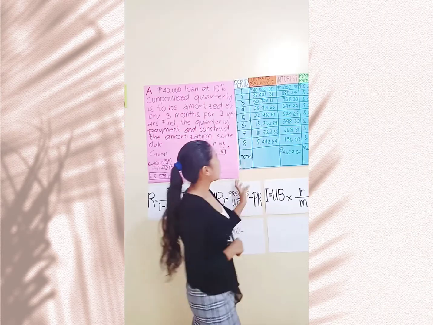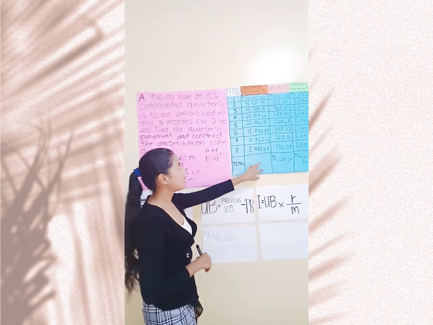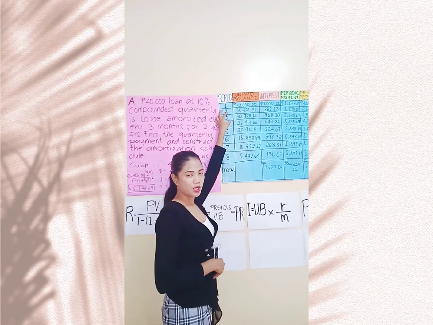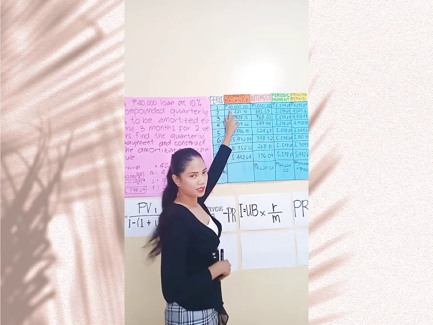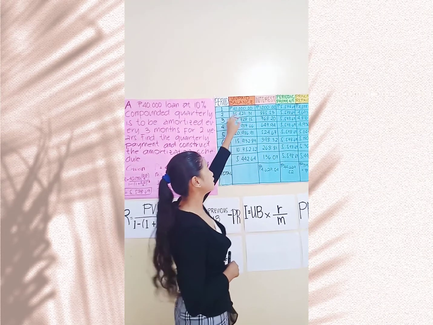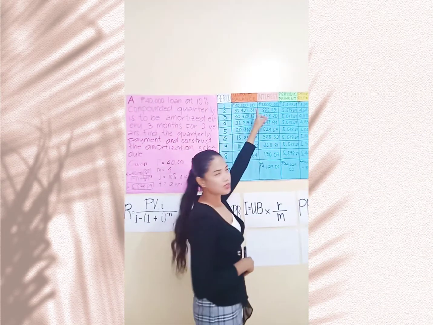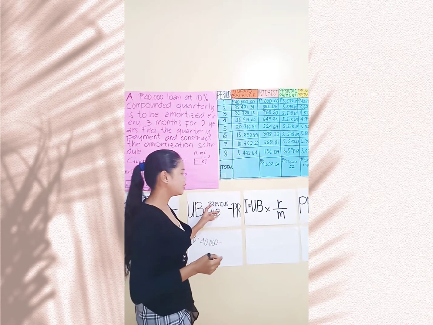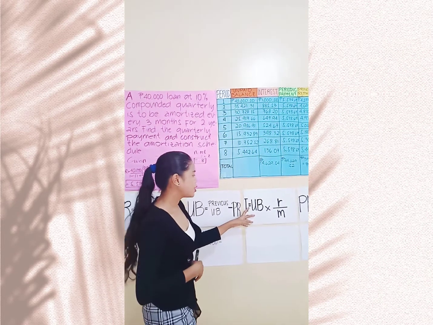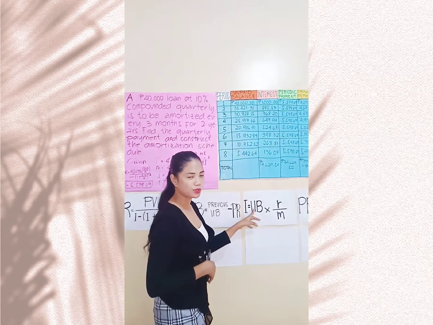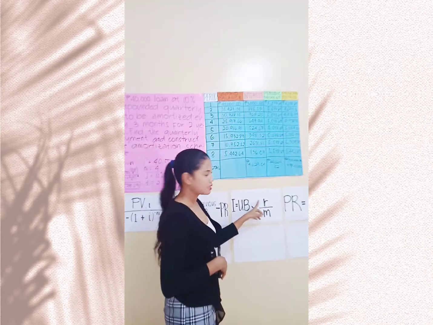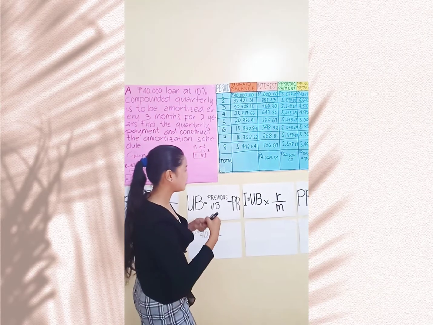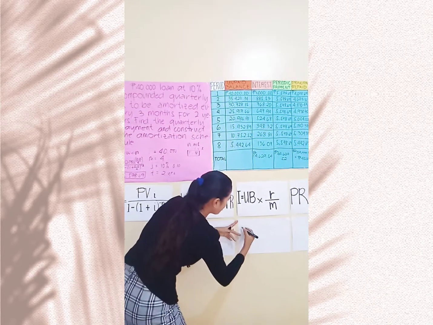First, look at this column here, the unpaid balance. As you can see, in the first period, we have the principal amount of 40,000. So we will get the interest on the first period. In getting the interest, we will use the annuity formula: I is equal to the unpaid balance times the nominal rate over the conversion period. So let's apply this formula.